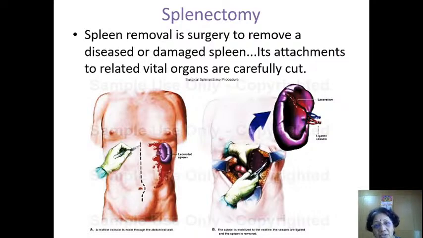But it's a delicate surgery, it requires a gastrointestinal surgeon, and it requires sophisticated equipment to be able to do that properly, because you have to suture back the laceration of the capsule with a microsurgical technique, and keep the spleen back and make sure that what you're leaving behind has its own blood supply and all its supplies are intact. So you can't do a block clamping of the vessels. You have to do a selective tying of the vessels. Always arteries are tied before the veins to control the bleed.